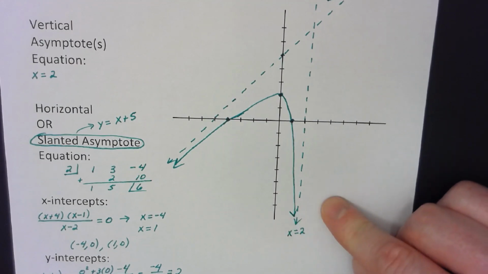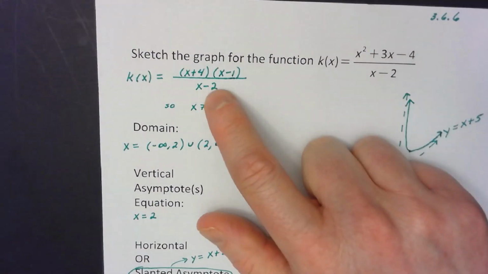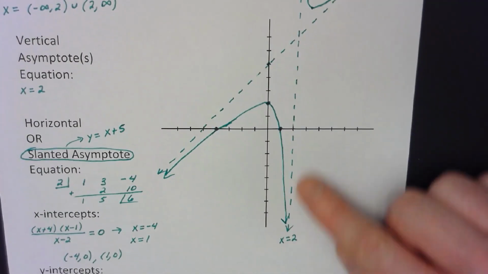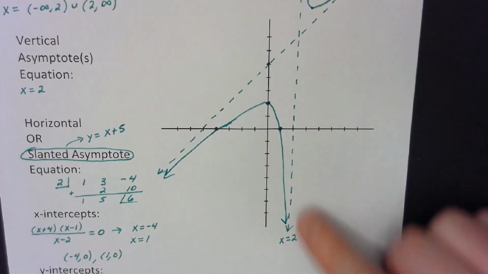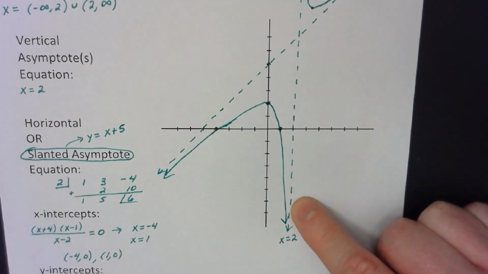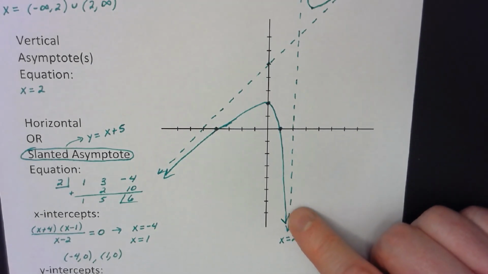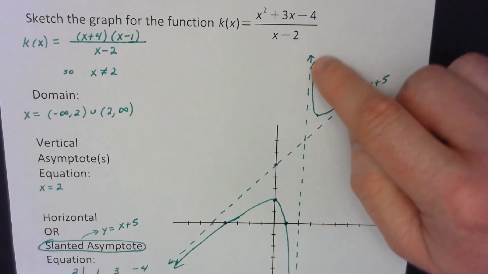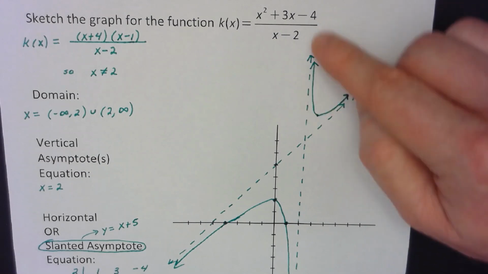On the other side of the vertical asymptote, I know that anytime the vertical asymptote is from a degree 1 factor, you have opposite behavior. So if you were thinking, how do I know it doesn't go down here? Because that would be the same behavior as this. It had to approach +infinity as x approaches 2 on the right.